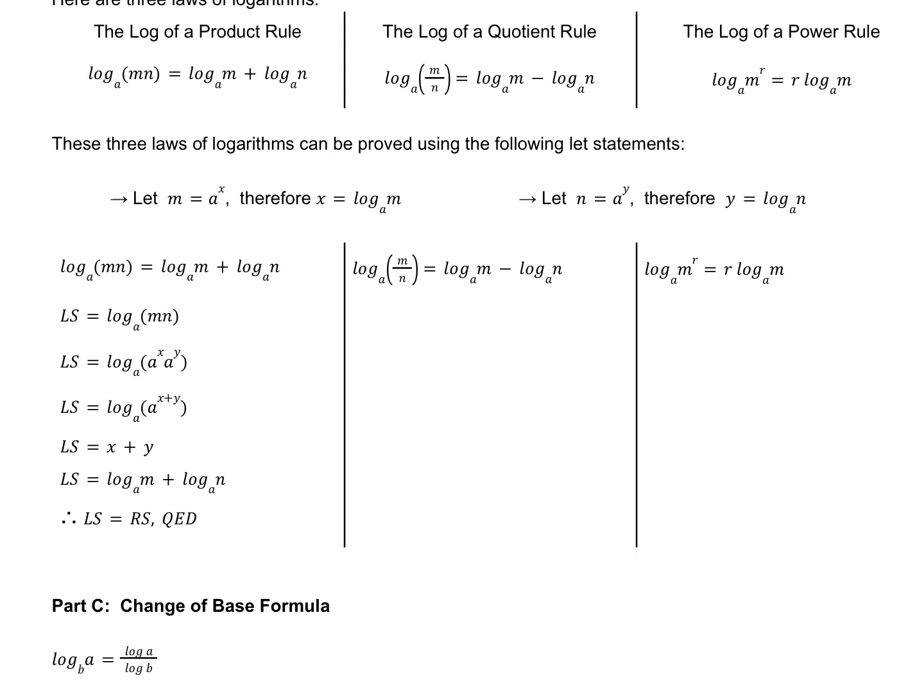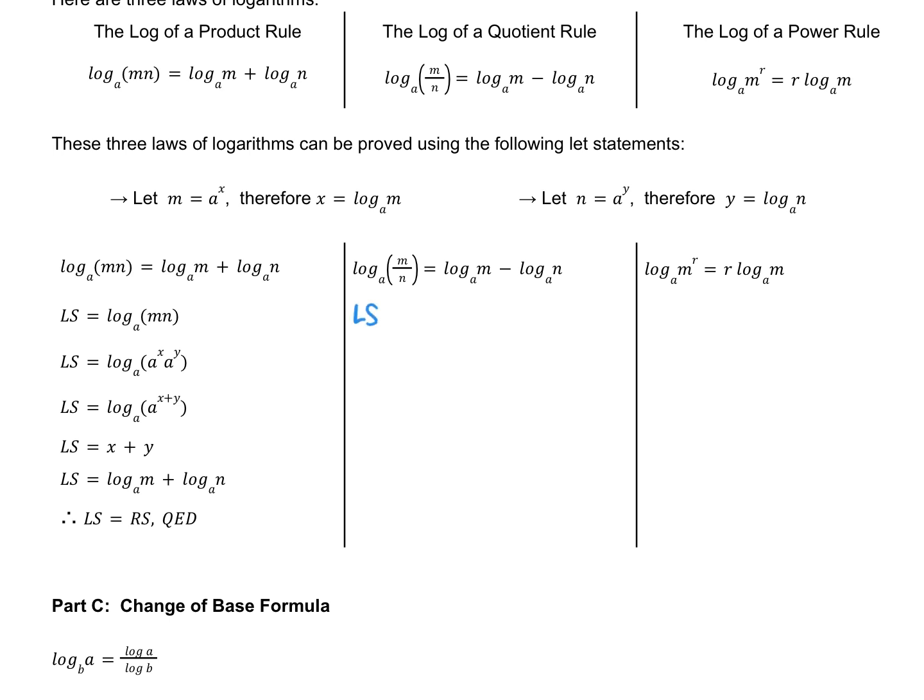And once I simplify this to just x plus y, well, I said above that x is equal to log m base a, and y is equal to log n base a. And there we go. I proved that this became this, the addition of two logs. Now let's try the same thing, but when we have division.